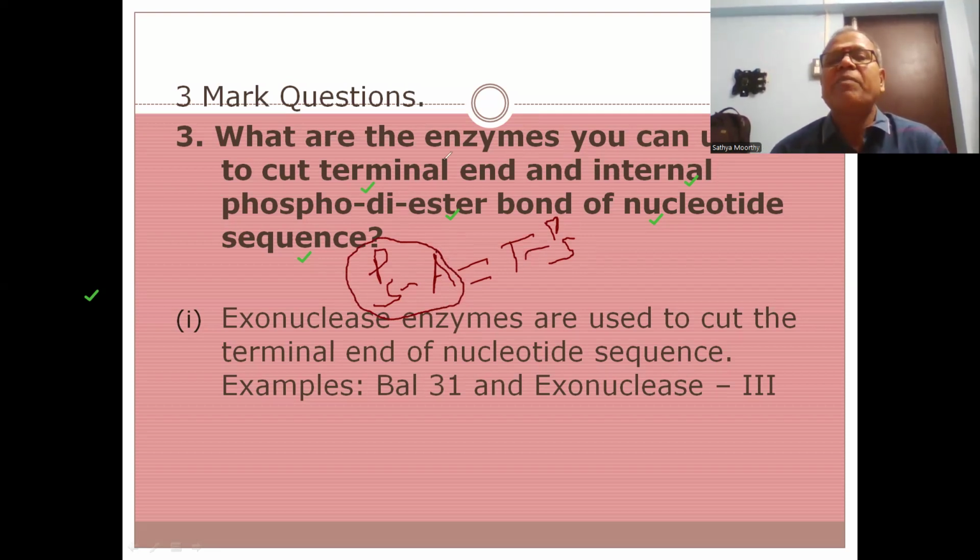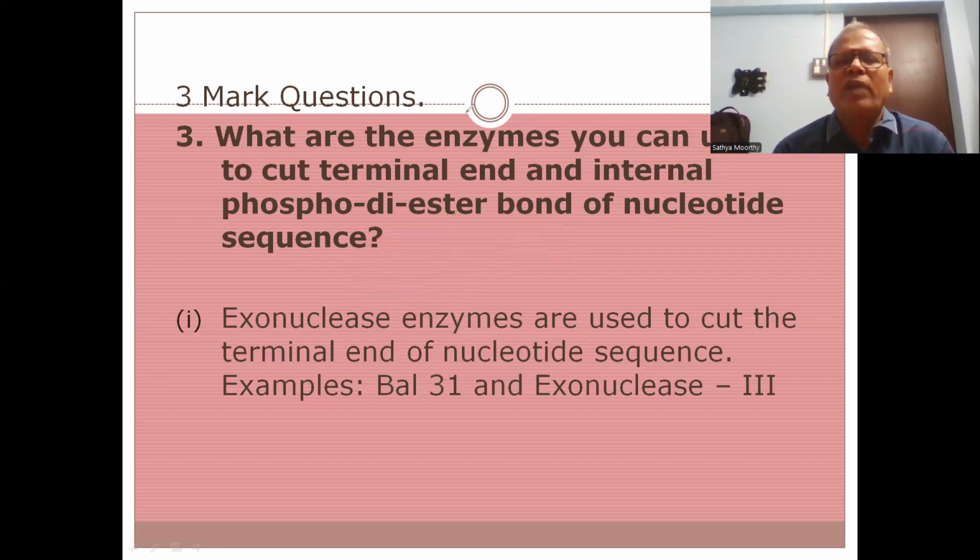This restriction enzyme has got the ability to cut the terminal end of DNA as well as the internal phosphodiester bond. How? I already said that 2 kinds of restriction enzymes are reported. One is the exonucleases, another is endonucleases. See here, this is exonuclease enzyme.